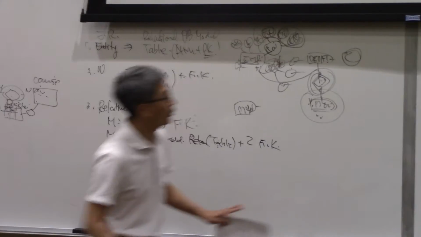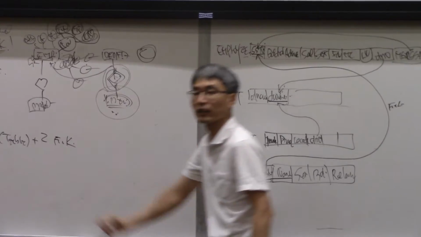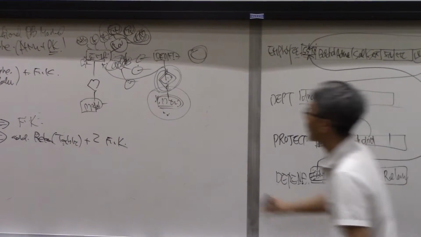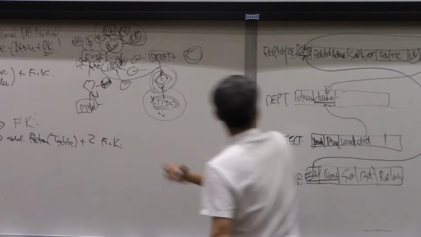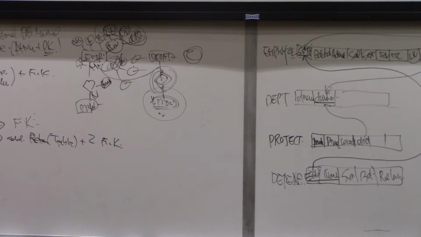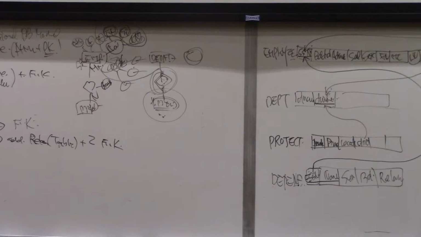So, for example, we have the many-to-many relationship between employee and project. This is a many-to-many, and there's hours. So we create works on. Works on is the table, the relation. Then create the primary key. What is the primary key of this one?